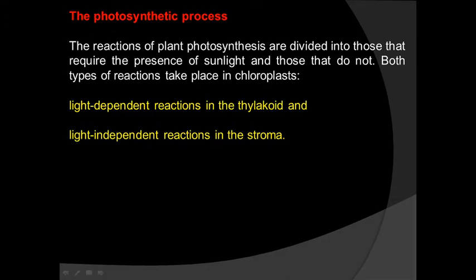In light independent reactions, those ATP and NADPH molecules synthesized during light dependent reactions are utilized for the conversion of atmospheric CO2, which enters into the leaf through open stomata, and it is converted into carbohydrates, that means various kinds of sugars.